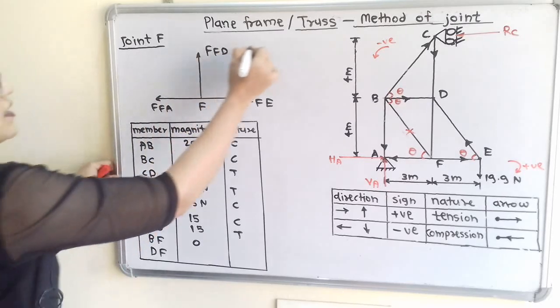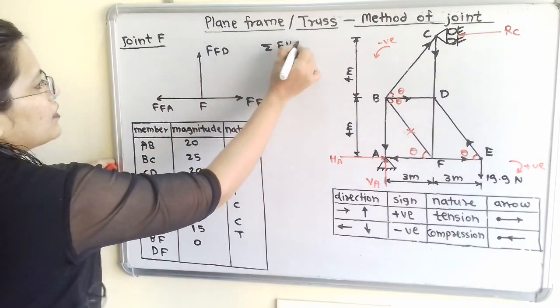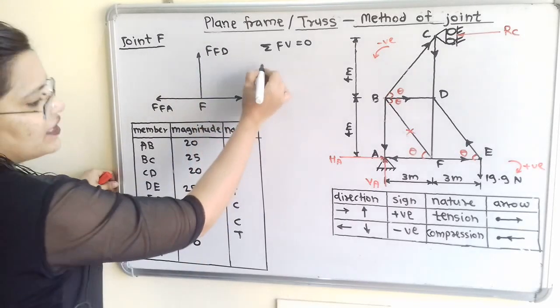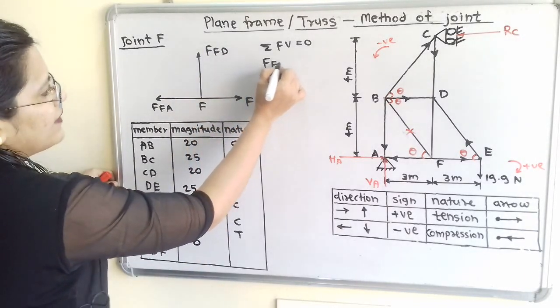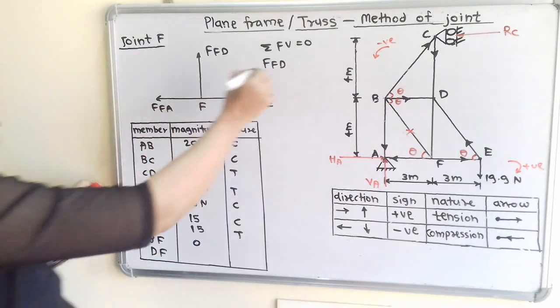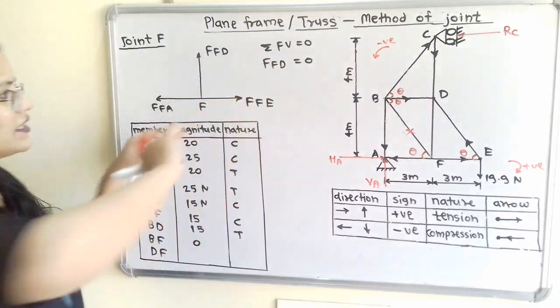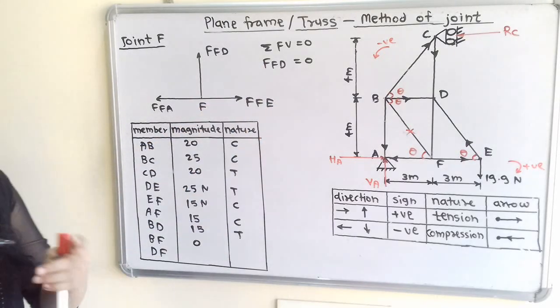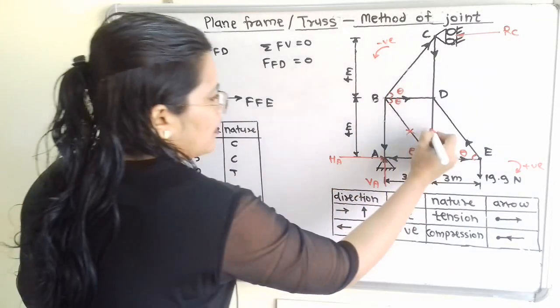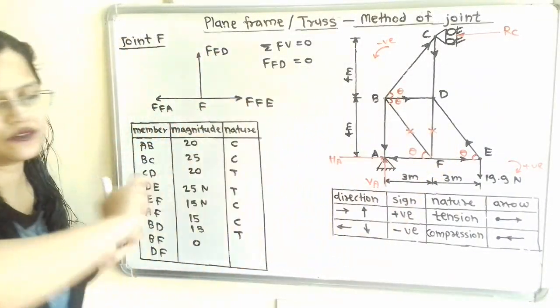So we have to take summation of all vertical forces is equal to 0. Now for this upward direction we will take FD. There is no other vertical force, so it equals 0. So we can say that in FD member the force is 0. So again I will make the cross mark because the magnitude is 0.